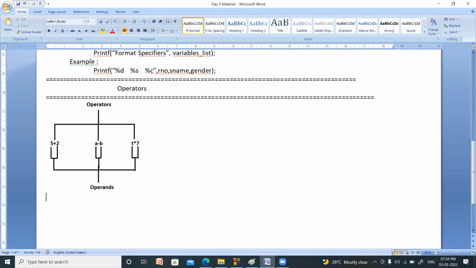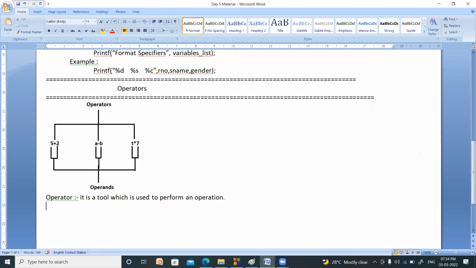Here, tell me what is an operator, what is an operand? I already explained operator. It is a tool, just like a wrench, a screwdriver, or a cutting plier. These are the tools to repair a bike. In the same manner, here we are using tools to perform operations. An operator is a tool which is used to perform an operation.